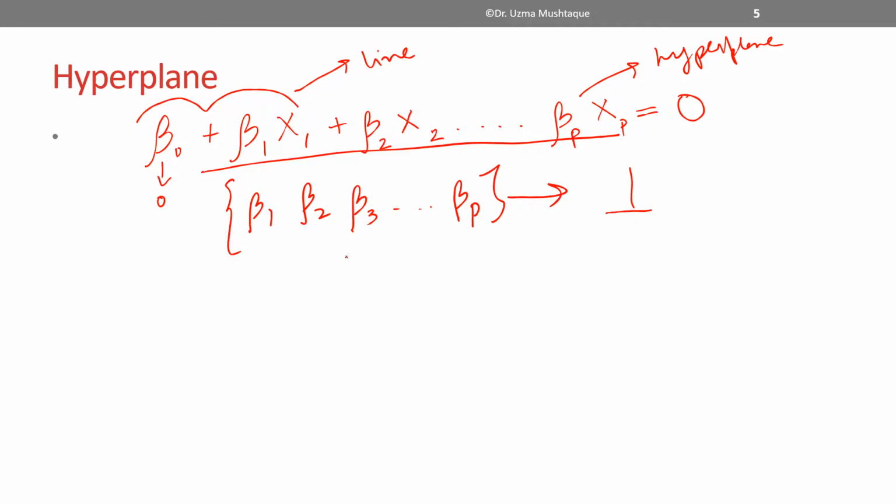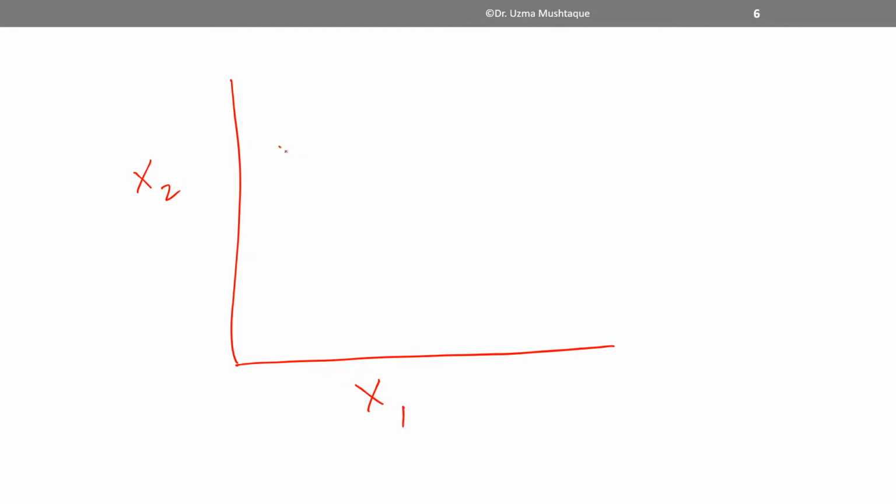Okay, so let me see if I have more space here, right? So if I want to draw this hyperplane, let's say in some two-dimensional space, x1 and x2, let us assume this is my hyperplane. So essentially, this is the orthogonal vector that I'm talking about. This is the 90 degrees. This is my hyperplane, right?